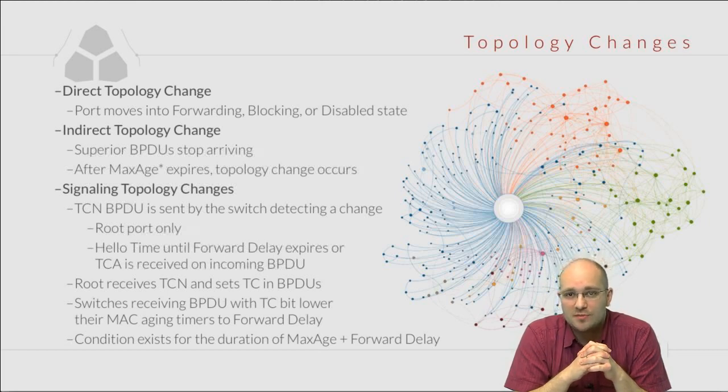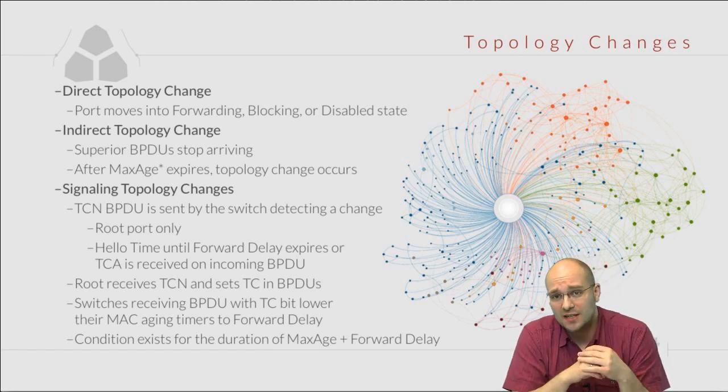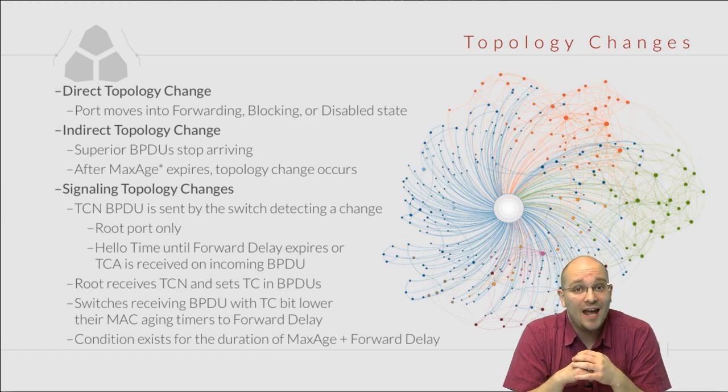When the downstream switch receives this configuration BPDU with the TCA bit set to 1, it is going to stop transmitting the topology change notification BPDUs. Why? Because this informs the downstream switch that someone has heard that it has experienced the topology change. There is no need for it to continue transmitting this.